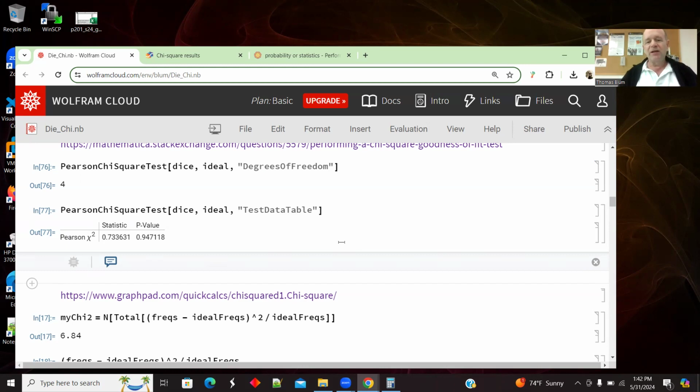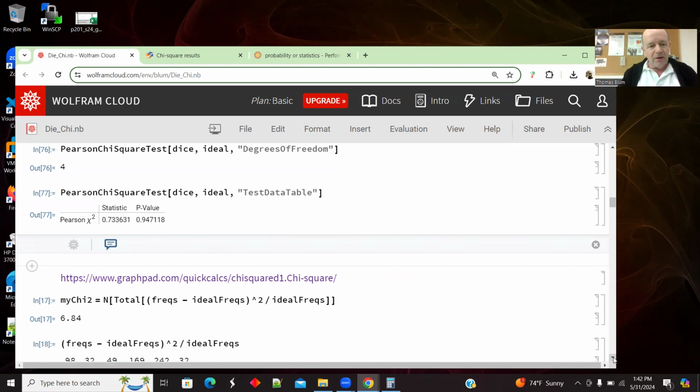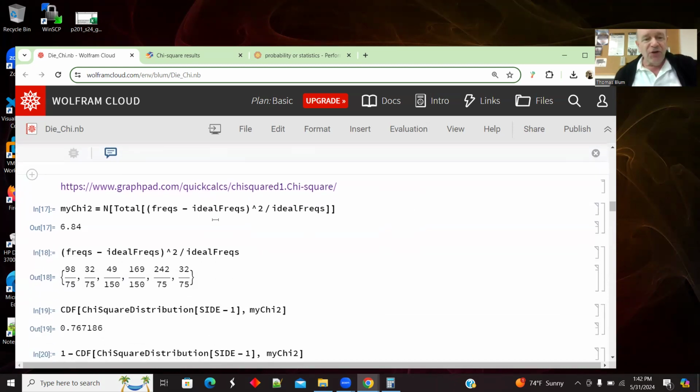Okay, so let's do what I want. I did calculate frequencies, and I had ideal frequencies. If I take the difference between my frequencies and ideal frequencies, square that, and divide it by my ideal frequency, that is this chi-squared value.